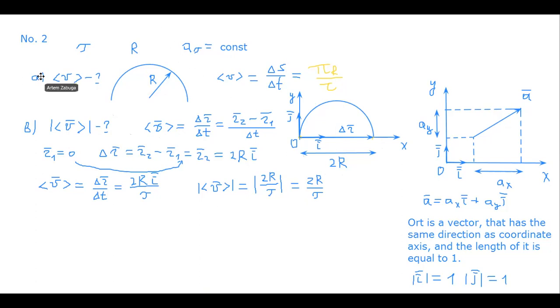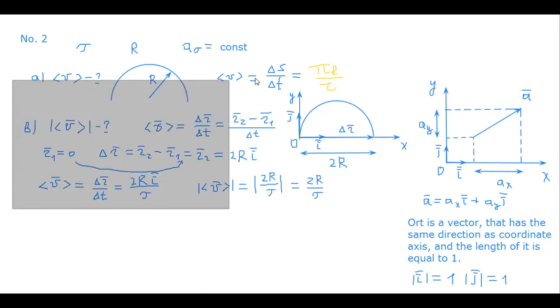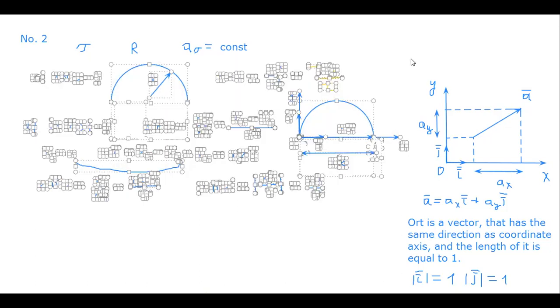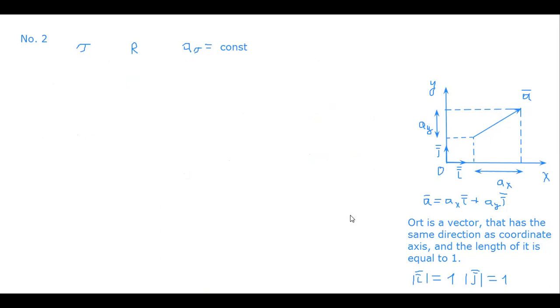So I'll clean the screen. Full acceleration is necessary to average acceleration. The modulus of the average acceleration vector is necessary to be found.